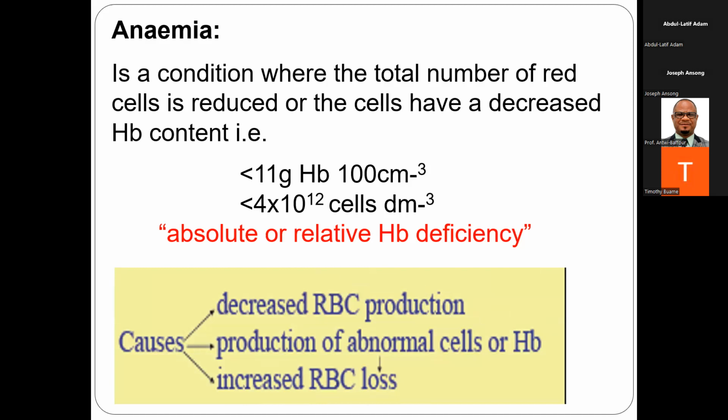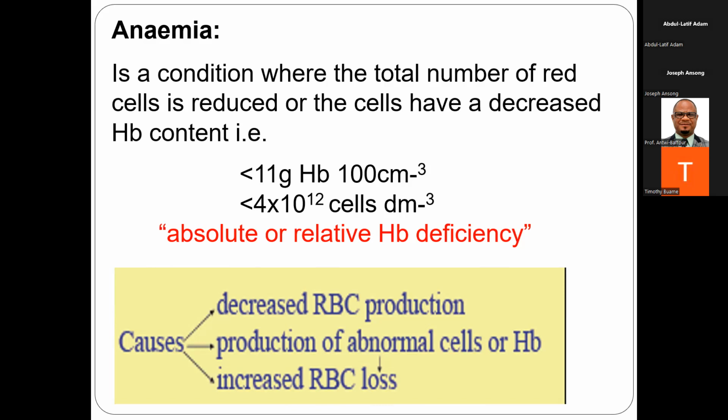The causes of this reduction may be due to decreased red cell production, or production of abnormal cells of hemoglobin, or increased loss. So sometimes the production is normal, but the loss of the red cells is increased. So there is hemorrhage and red cells are draining out of you far more than you are replacing them. That will lead to a decrease in number.